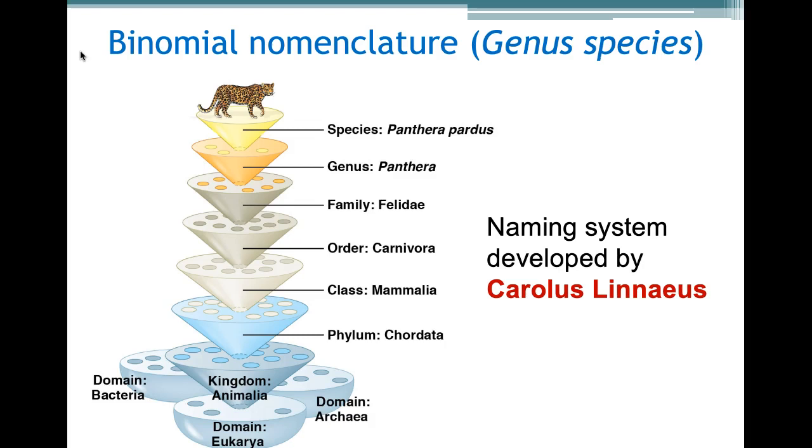Binomial nomenclature is where every organism has a genus and species name that's in Latin. Even though Latin is not common in everyday language, in the 18th century this was a way in which scientists could communicate with one another, considering language barriers. All scientists agreed that Latin would be used.